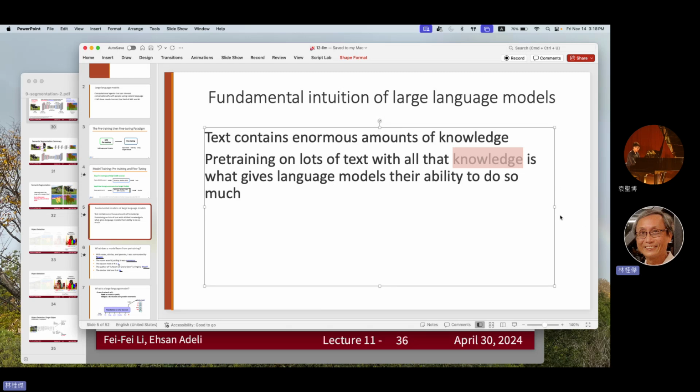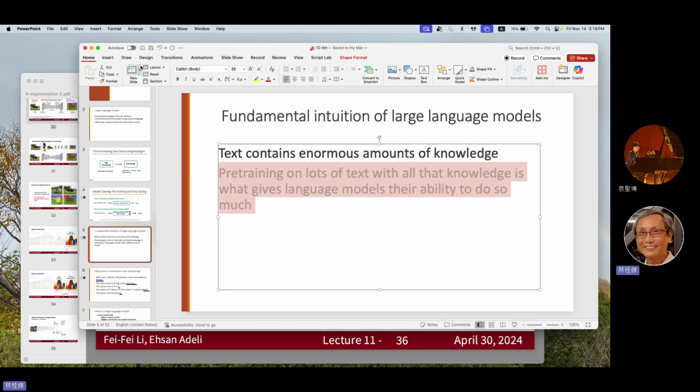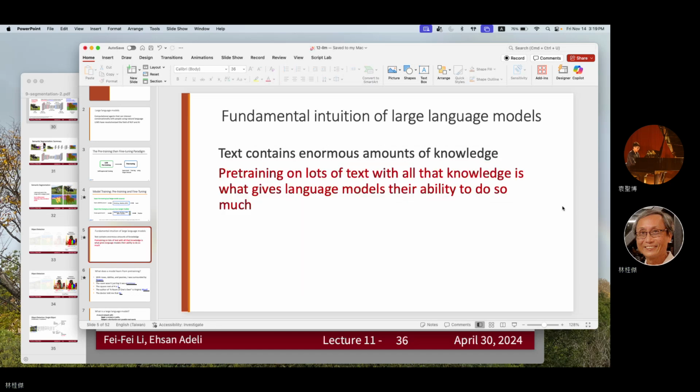So with the large language model, the big assumption here is that we are able to process a lot of text, and somehow capture all the knowledge in all these texts.